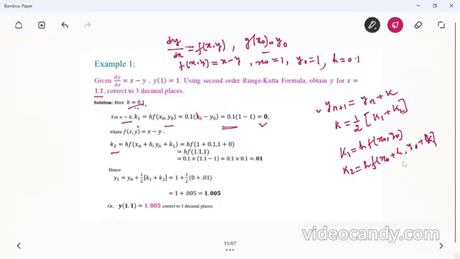Then we can find the functional value, and then we can easily calculate k2. When k1 and k2 are calculated, we can find k. This is the case, and y(1.1) is 1.005. This is how we use the Runge-Kutta method of order 2. Similarly, we can solve any problem by the Runge-Kutta method of order 4.